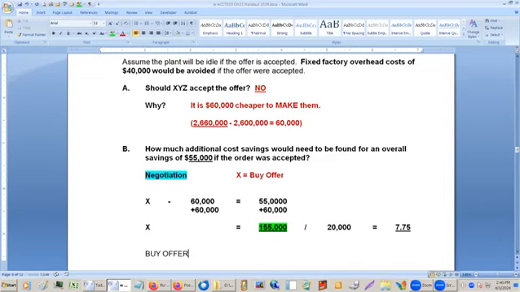I should say new buy offer. $95 minus 7.75. So they'd have to cut the price down to whatever that is. 87.25.